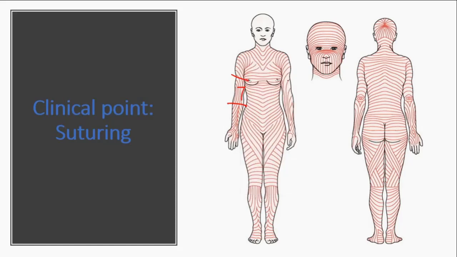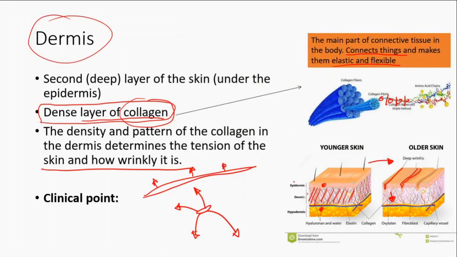So on your body, these are the tension lines that exist. And what do I mean by tension lines? Essentially your dermis contains lots of collagen, and in certain areas of your body the collagen is arranged in a certain direction.